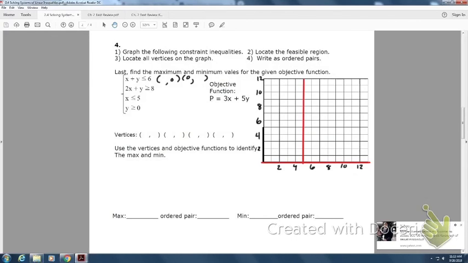Both the x and y intercept are going to be 6, because I would plug 0 in for y, so x equals 6. And then the same thing with plugging 0 in for x. So I've got 0, 6 and 6, 0 as my two intercepts. And I can connect those 2 points.